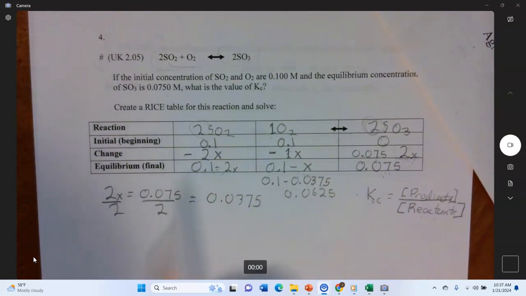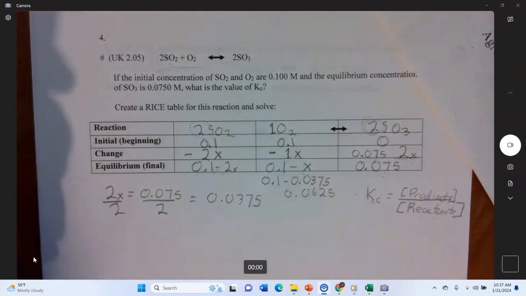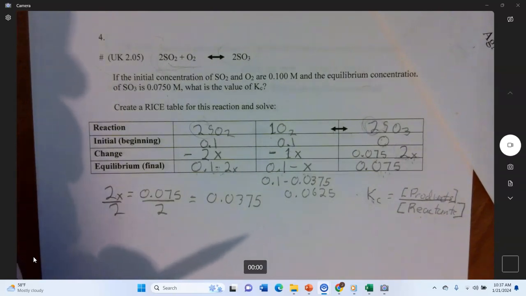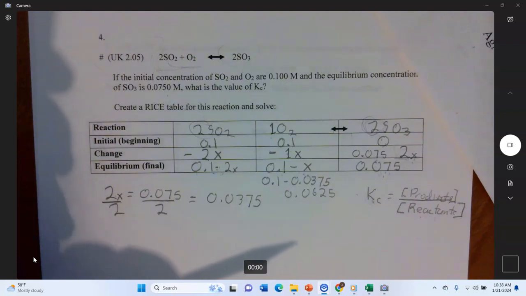Now what about this one? Same thing. It's going to be 0.1 minus 2 times x, which is 2 times 0.0375.